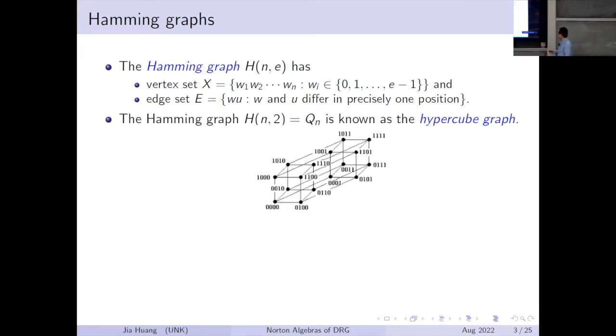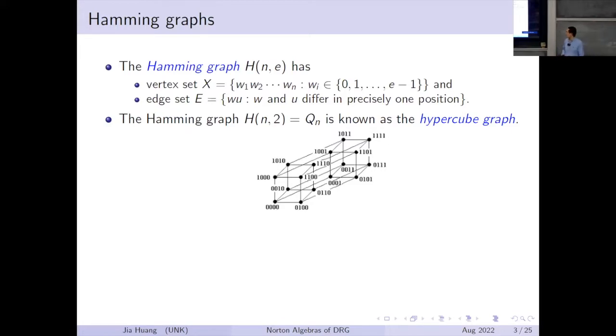This is an example when e equals 2, so only 0 and 1 for each digit. When this happens, the graph is called a hypercube. It's well known, we call it Q_n, and my graph here is Q_4. So it has 16 vertices.